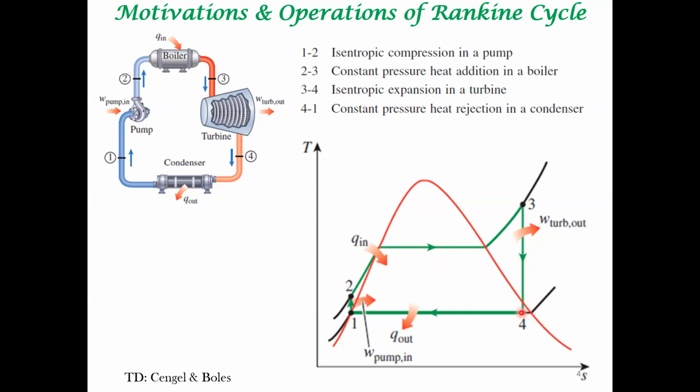So you don't have a real two-phase mixture here. And then there's a heat rejection in a condenser. Okay, so this is the Rankine cycle, which overcomes the limitations which we discussed in the previous slide.